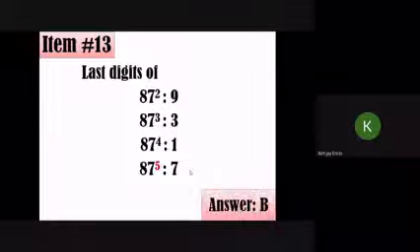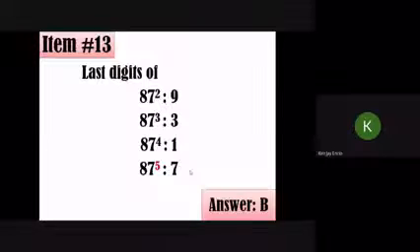That would be 3 times 7, which is 21. 21 ends with 1, so I'm sure it's 1 here. And lastly, 1 times 7 is 7. So I'm sure that 87 to the 5th ends with 7. Therefore, you have to use it 5 times. Letter B. I hope you got it.